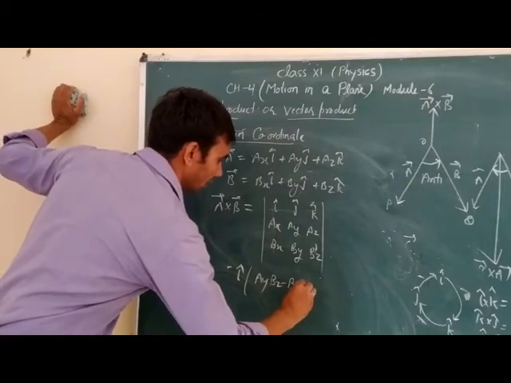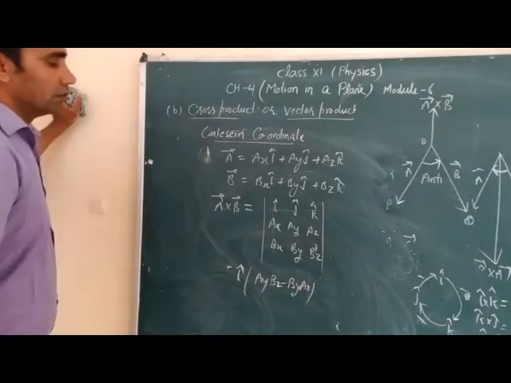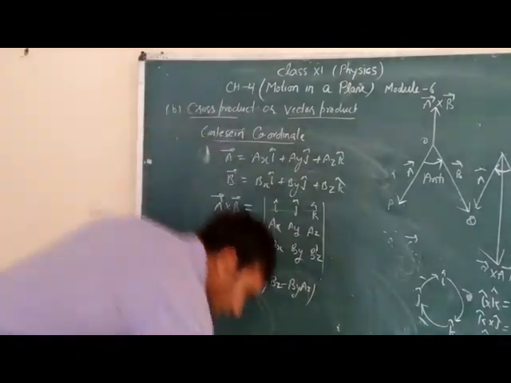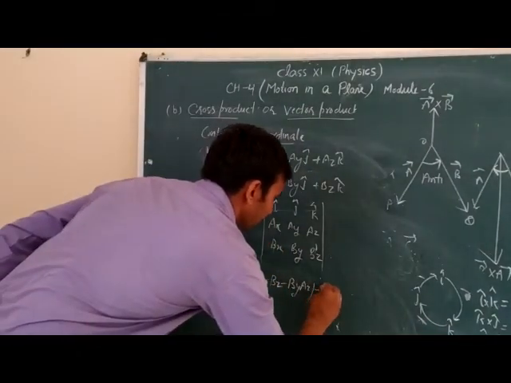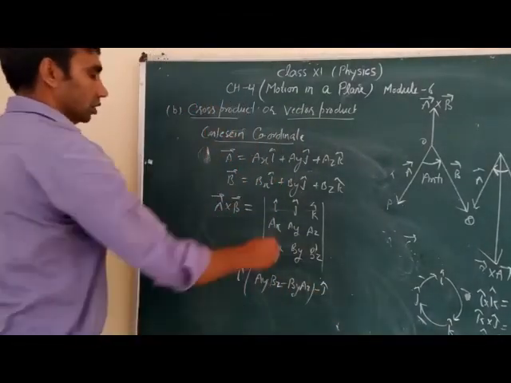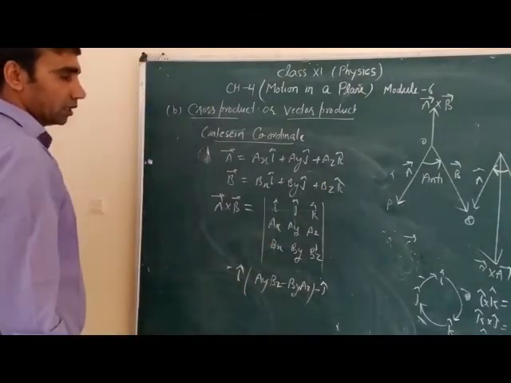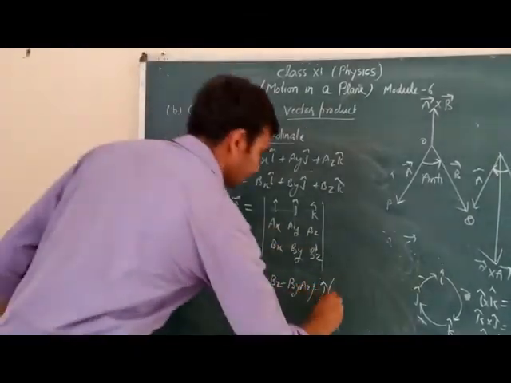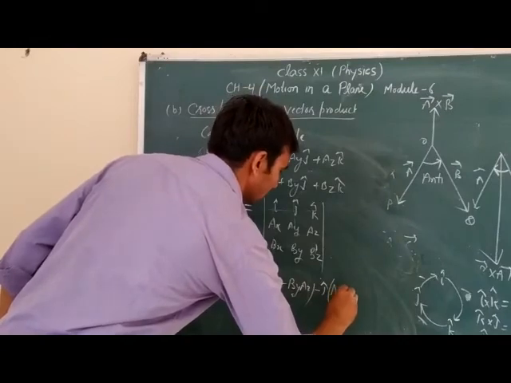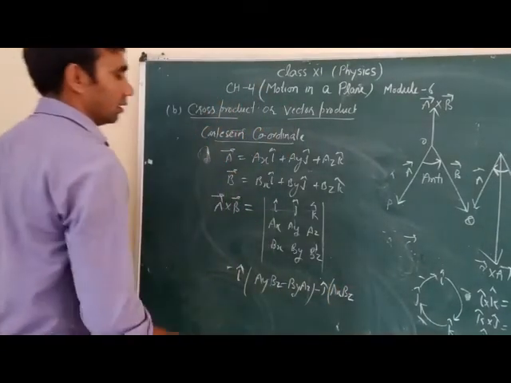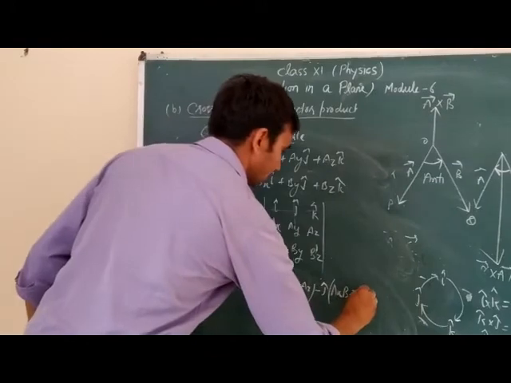Minus j: cancel this column: ax bz minus bx az.